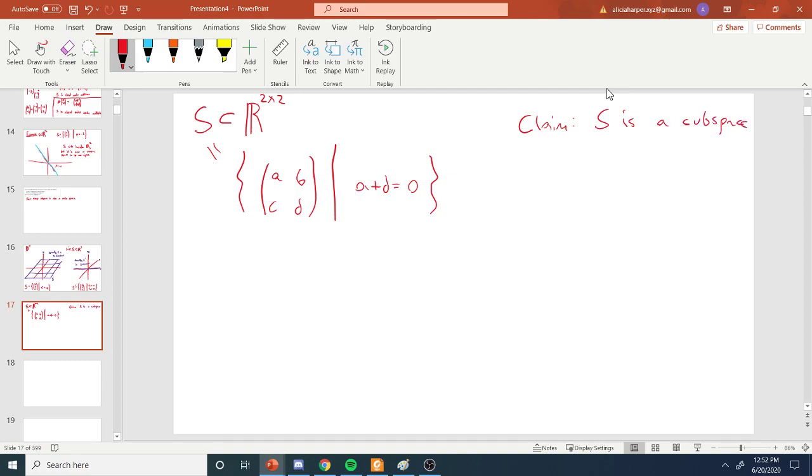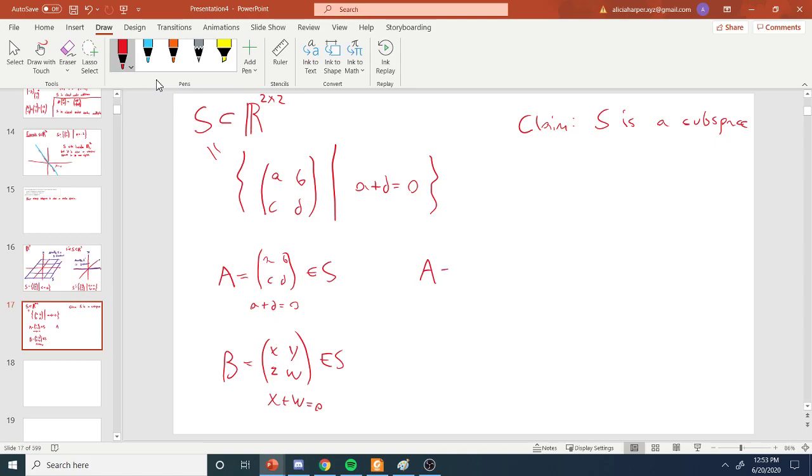So I'm going to choose 2 matrices in S. Say A is equal to A, B, C, D, where of course I'm going to have A plus D is equal to 0. And then I'm going to choose another matrix B, and this will be equal to X, Y, Z, W, where X plus W is equal to 0. Well, this will also be an element of S. And now I'm going to consider what happens when I add them together.